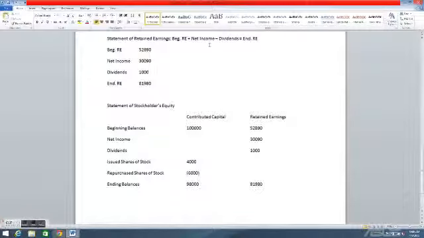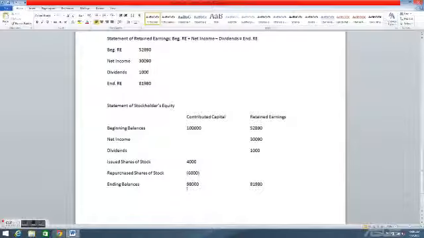So instead of plus net income, plus issued shares of stock, and instead of minus dividends, minus repurchased shares of stock. So now here you can see our beginning balance is 100,000. We issued 4,000 shares of stock. We repurchased 6,000 shares.